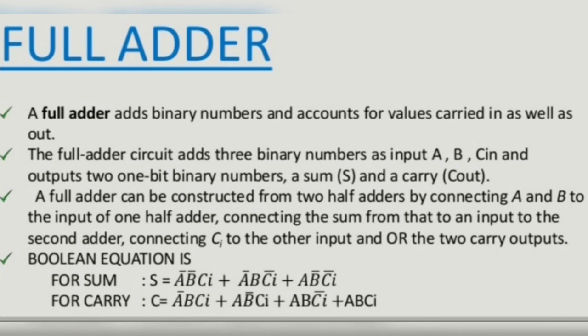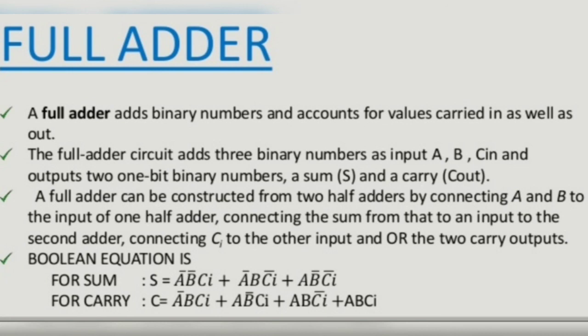And the next concept is the full adder. A full adder adds binary numbers and accounts for values carried in as well as out. The full adder circuit adds three binary numbers as input, A, B, C in, and has two outputs, 1-bit binary numbers, a sum S and a carry C out.